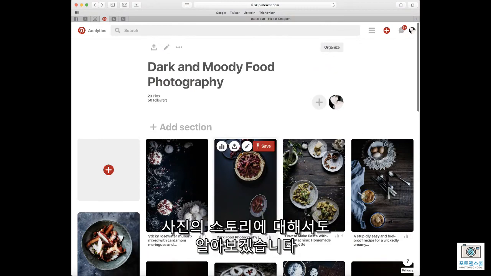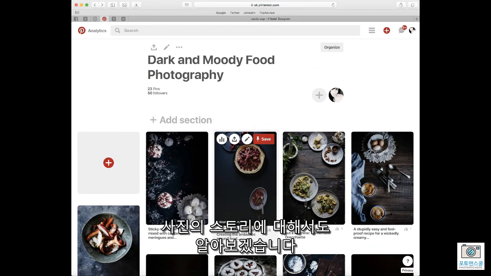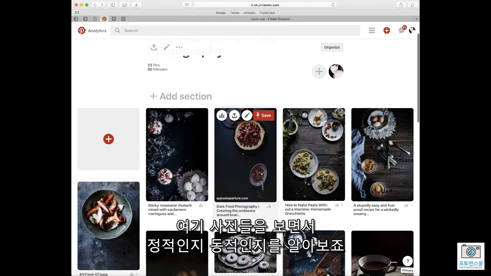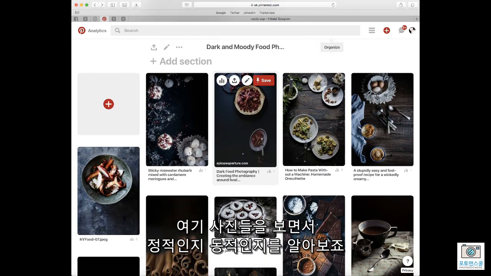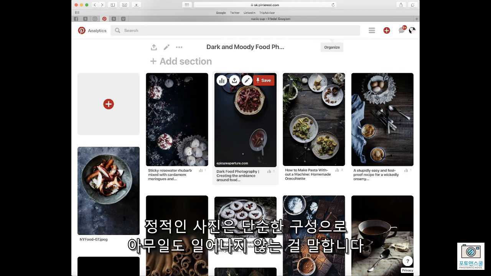I said that we are going to talk about what these scenes want to tell us. So I'm going to go through these pictures and tell if they are static pictures or active pictures. Static pictures are just composed and there is nothing happening in them.